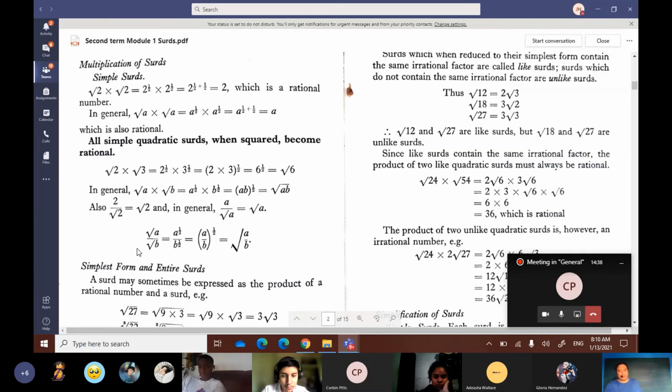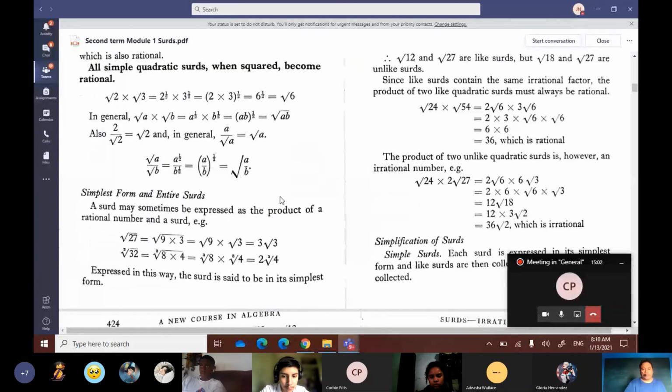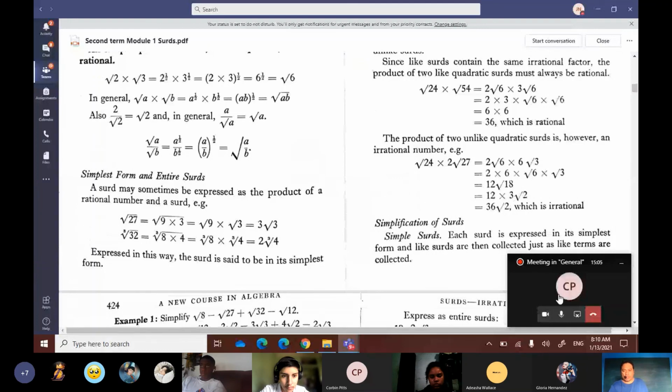The reason is something we're going to discuss as we move along. The fourth rule: the root of a over the root of b is equal to a to the half over b to the half, which is equal to open bracket a over b close bracket raised to the half, which is equal to the square root of a over b. Alright? Let me stop there for a second.